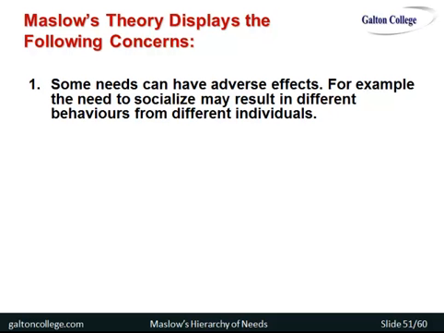It could be the need to socialize jeopardizes productivity, or it could be the need to socialize perhaps may lead to conflicts and disagreements within the workplace, which could be adverse. So the fact that there is the opportunity to socialize is perhaps desirable, but there are risks associated with it also.